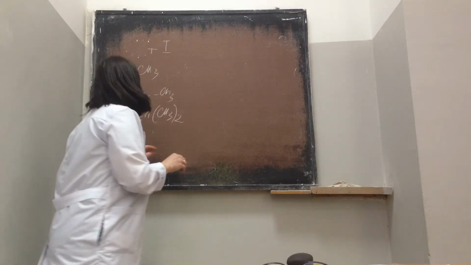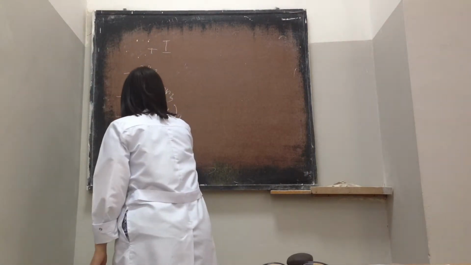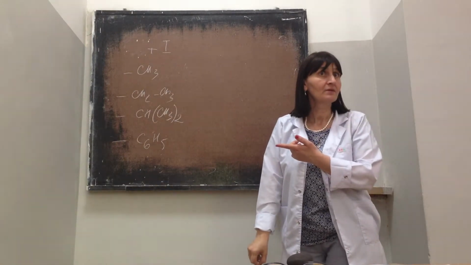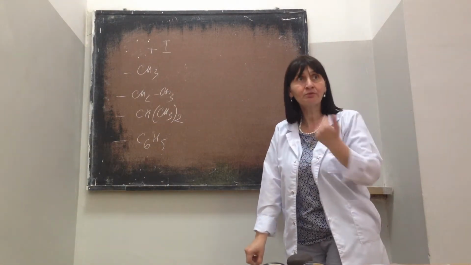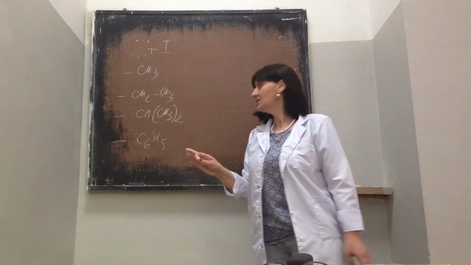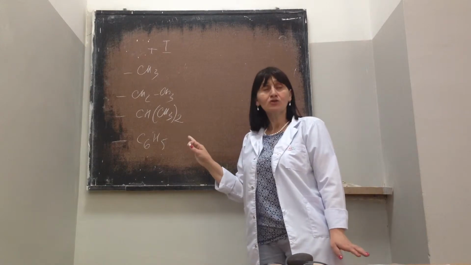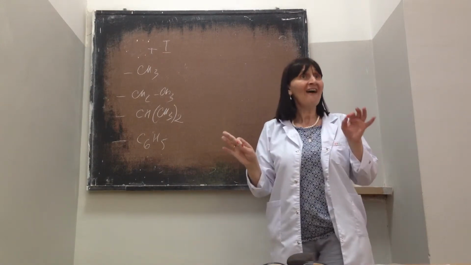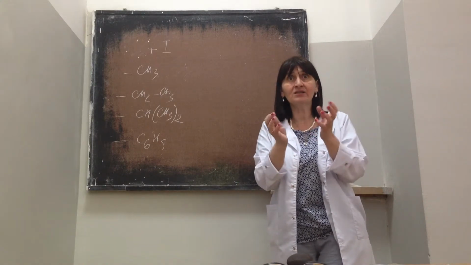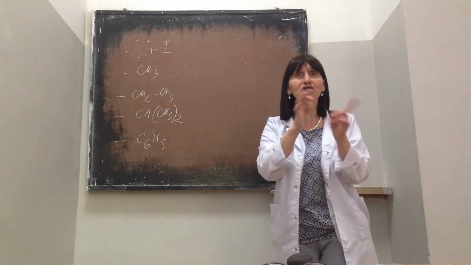Only. Now, remember C6H5, what is this? It's the benzene ring, or the phenyl radical, which is formed from the benzene ring. All of these groups, C6H5, have a plus inductive effect. They increase the electron density of the carbon to which they are bonded.